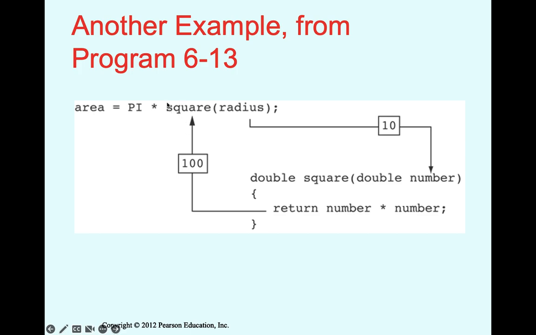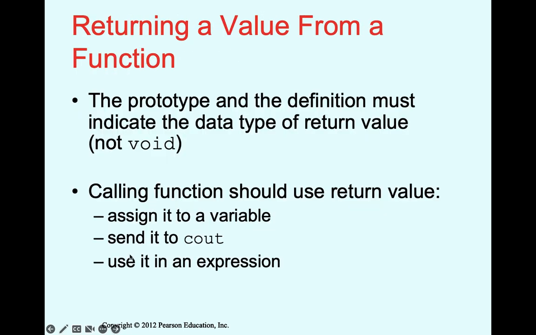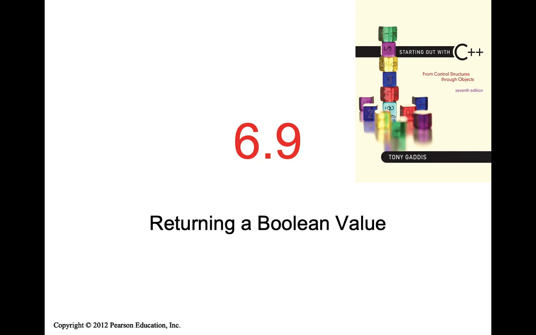Here we use the return value of the function square in an expression, multiplied by the return value of square. So we can do one of these three things with the returning value of the function.